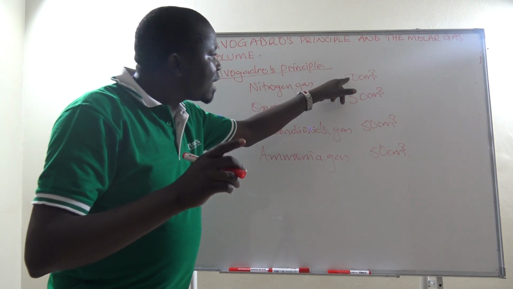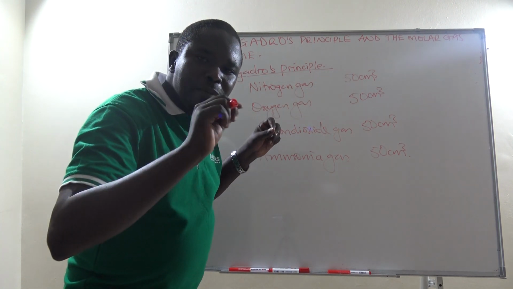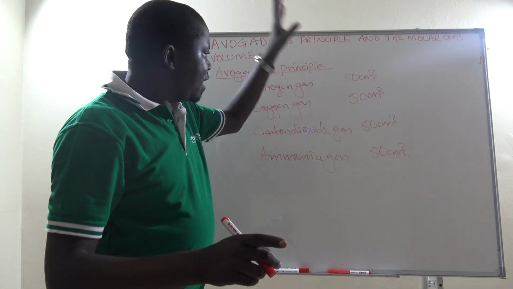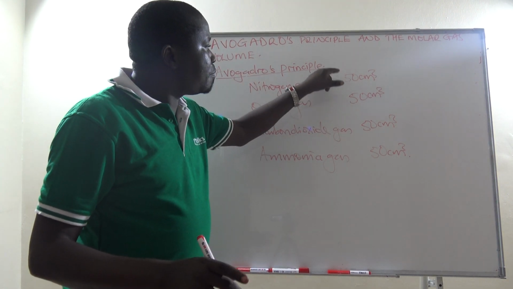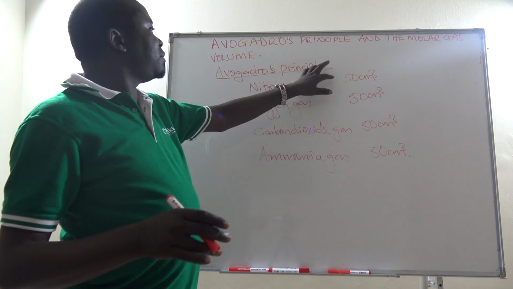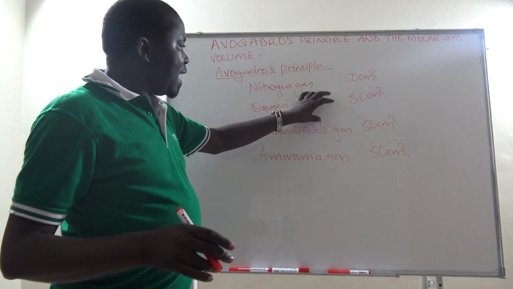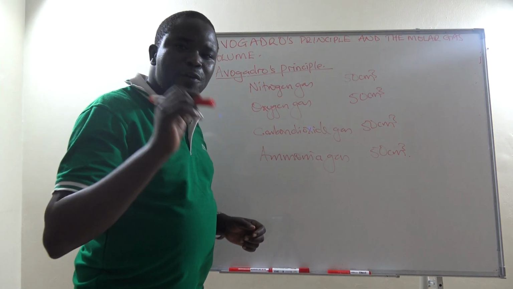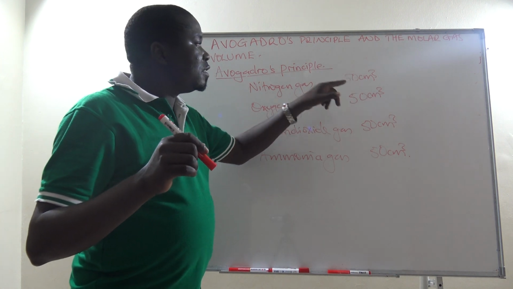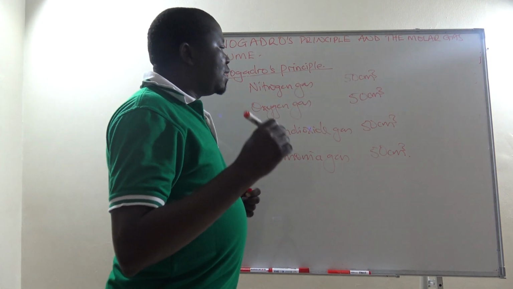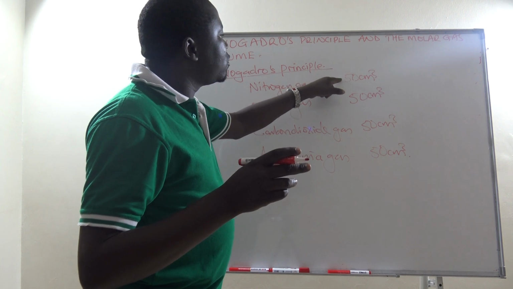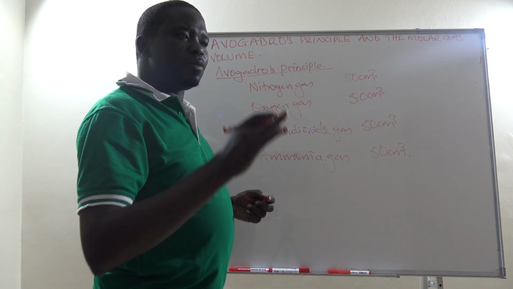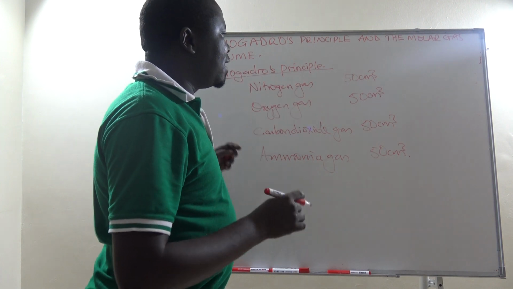Then he subjected these gases to the same conditions of temperature and pressure. Equal temperature, equal pressure. Then he started looking for the number of moles in them. So he found out that the number of moles of these different gases having the same volume and subjected to the same conditions of temperature and pressure were the same.